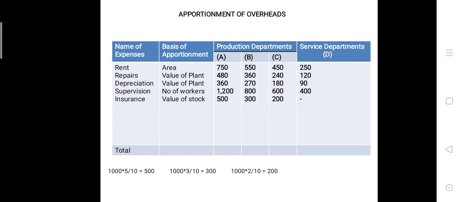Common factor is 3. Therefore, the ratio is 5 is to 3 is to 2. We can find out the amount like 1000 into 5 upon 10 comes to 500 for production department A, and for production department B 300 and for C it is 200.